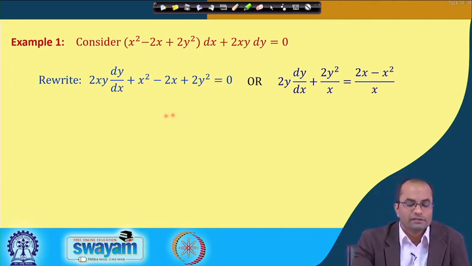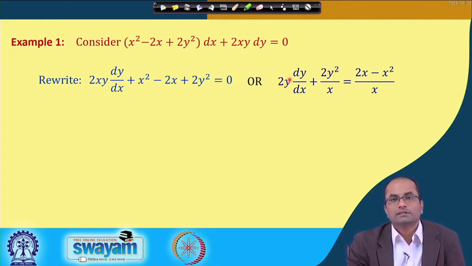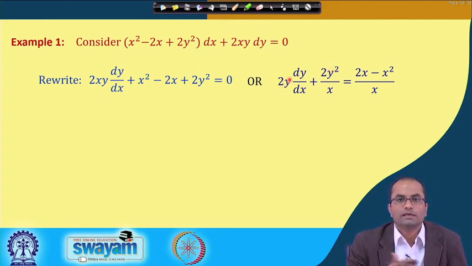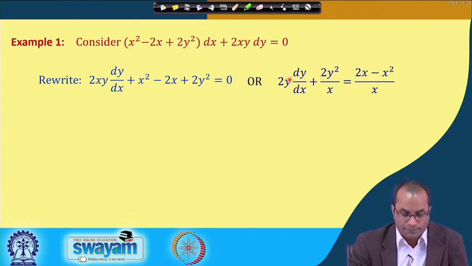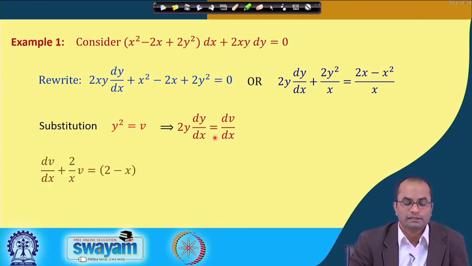So, we have rewritten this equation into this form, and now if we substitute here y square as a new variable, then its derivative is sitting here next to dy over dx. So, we can convert this to the linear equation. With this substitution y square is equal to v, we get 2 y dy over dx as dv over dx, and then we can substitute here.